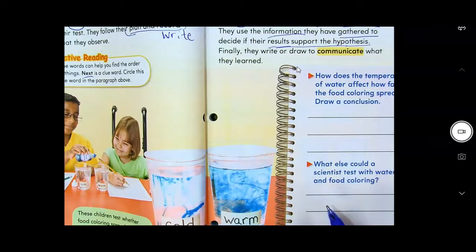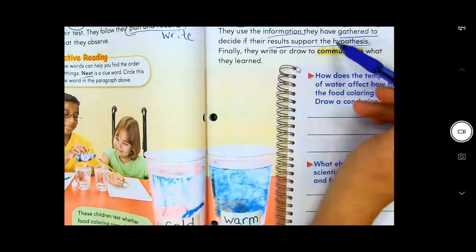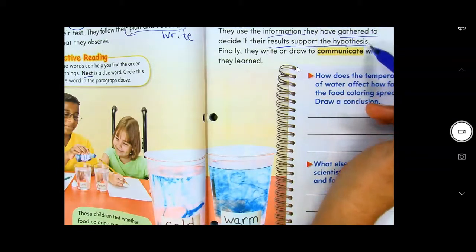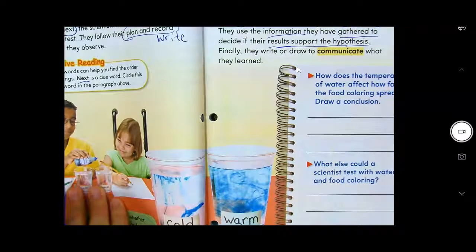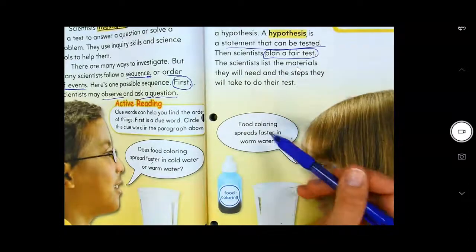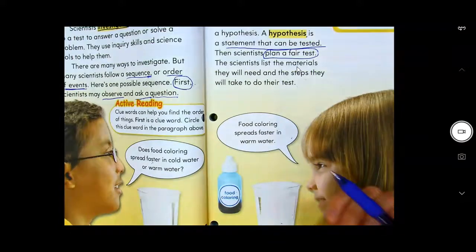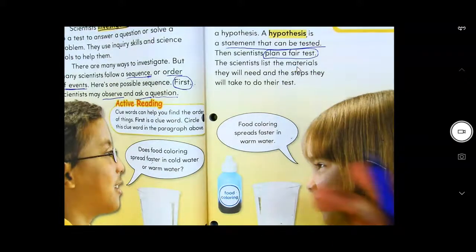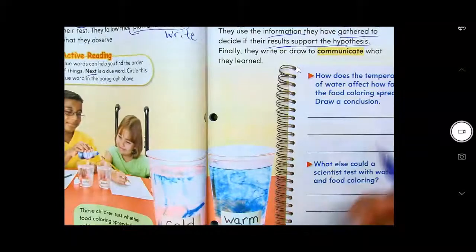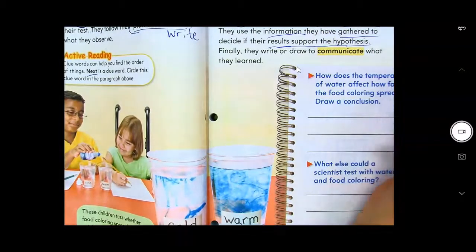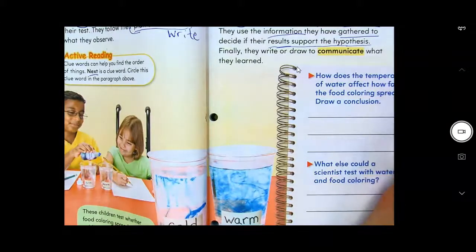So they're coming up with a conclusion and seeing if that conclusion supports their hypothesis. So did it help their hypothesis? What was their hypothesis? Food coloring spread faster in warm water. So were they right? Yes, they were correct. So how does temperature of water affect how fast the food coloring spreads? Draw a conclusion.